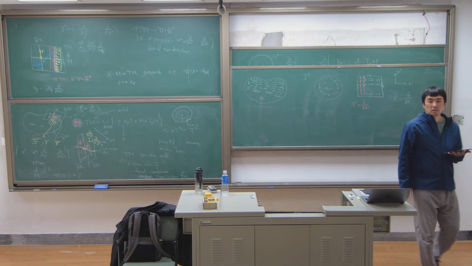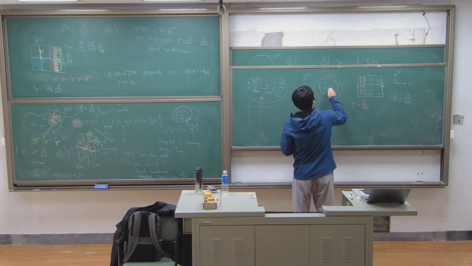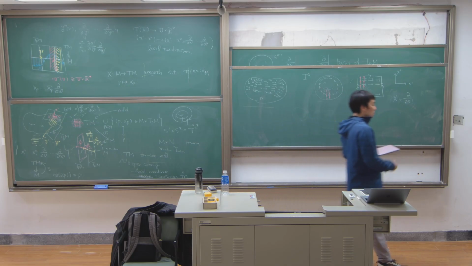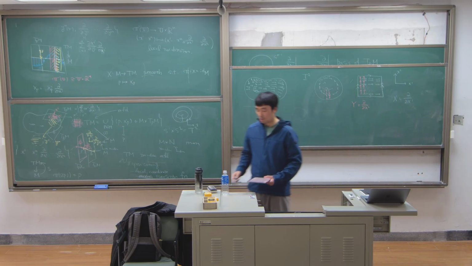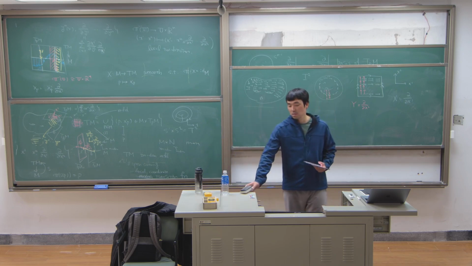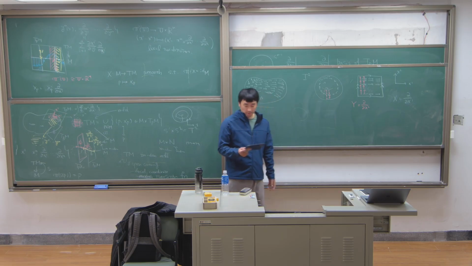If you write it this way, this is something like this kind of vector. Okay. So those are examples of vector fields.